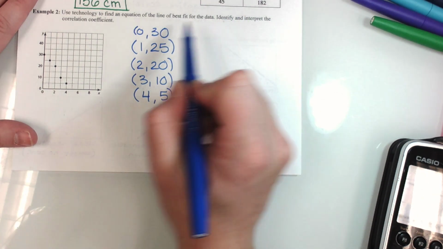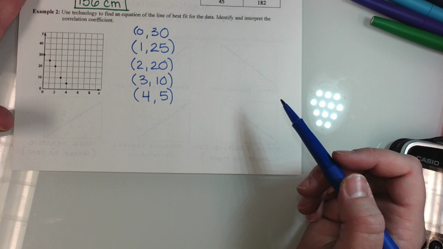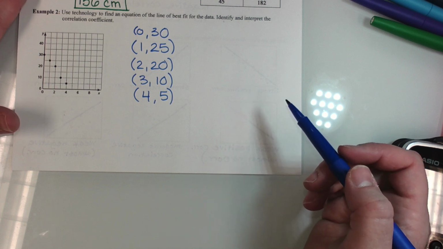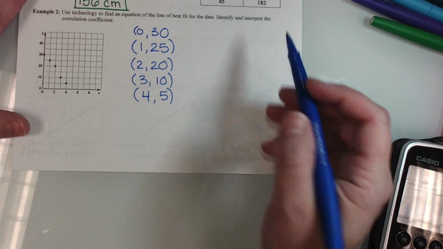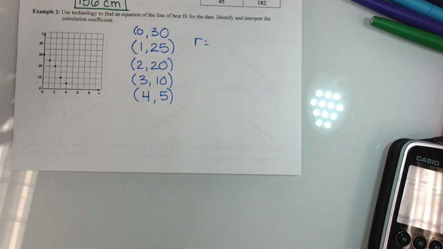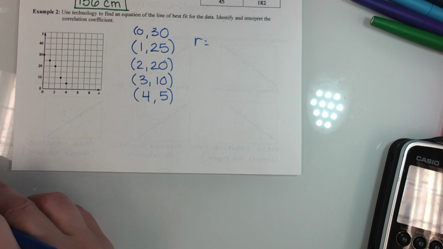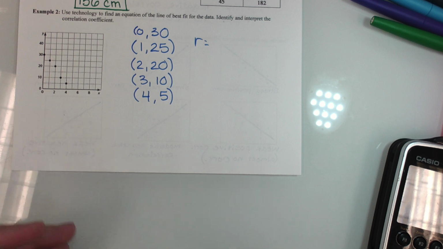Now it asks to identify and interpret the correlation coefficient. What that means is to solve for R, figure out what it is, and then interpret the correlation coefficient. In other words, tell me, is it a strong positive, a strong negative, a weak positive, a weak negative, or no correlation?